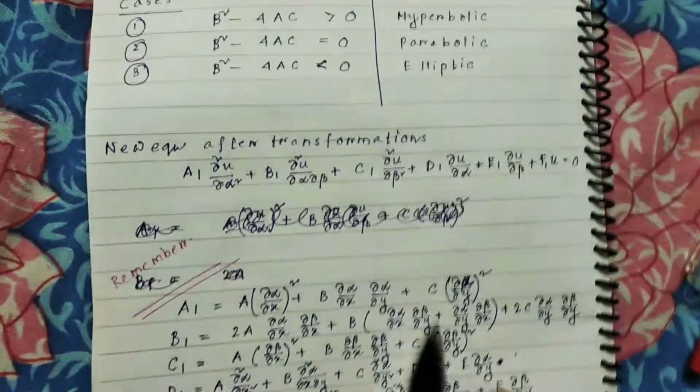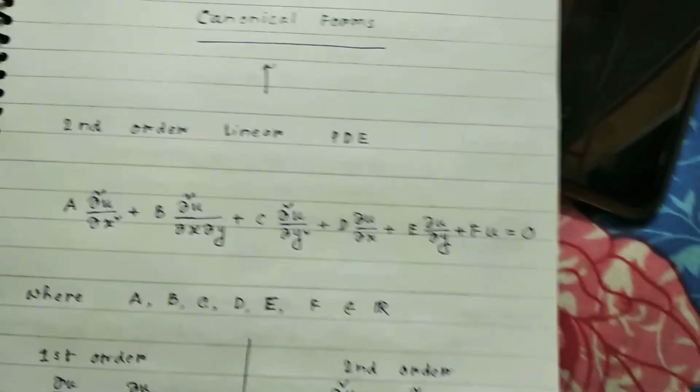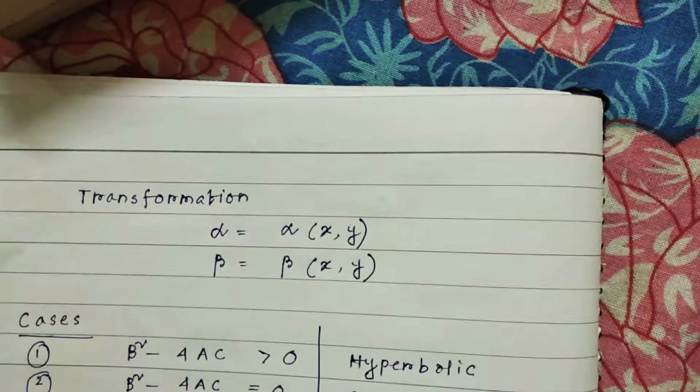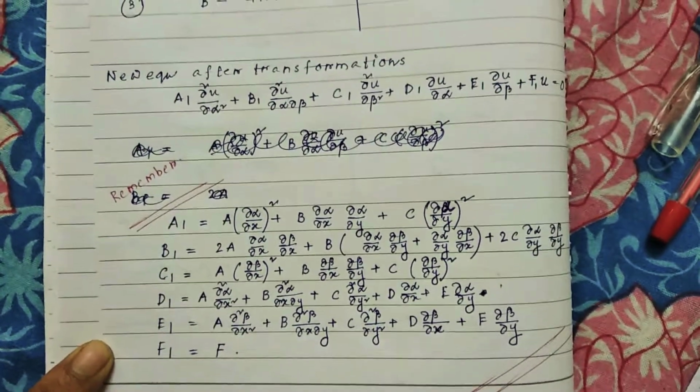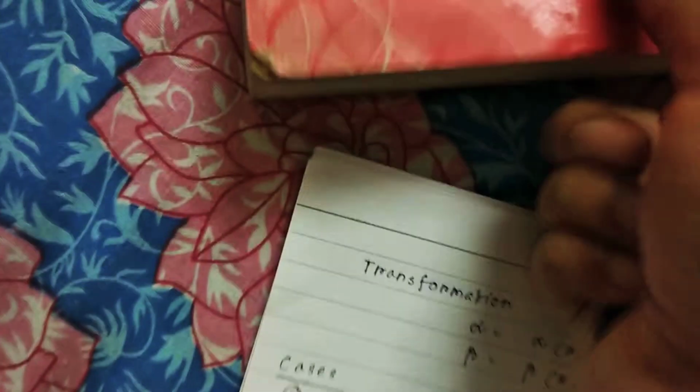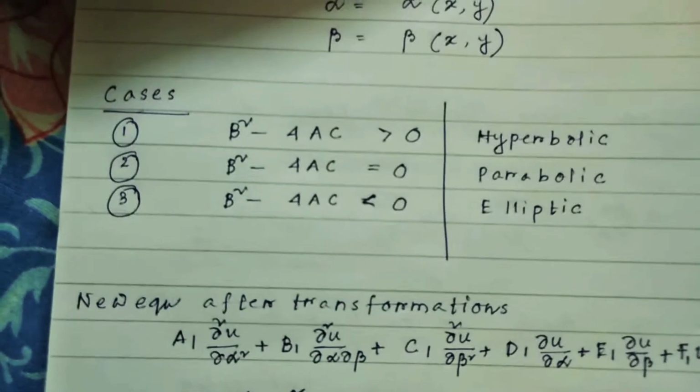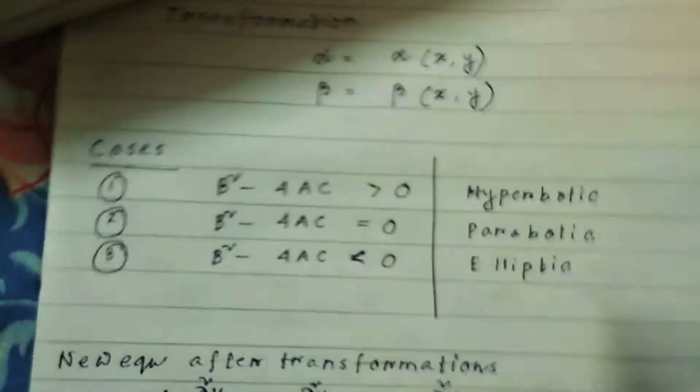So we have equations like this, and we take this type of transformation, and the new equation looks like this. Now one thing you should know: when we say a differential equation is elliptic, parabolic or hyperbolic, this is the condition for that.